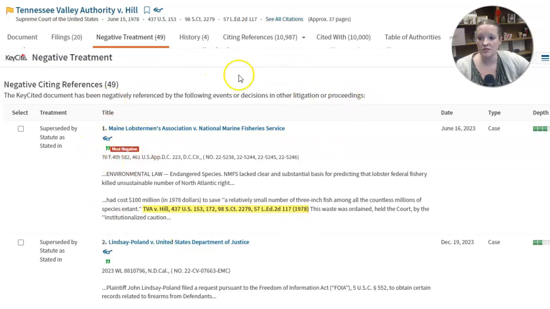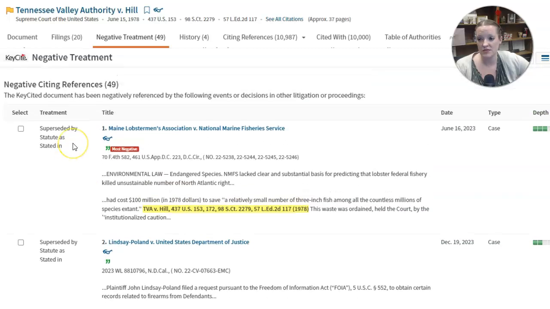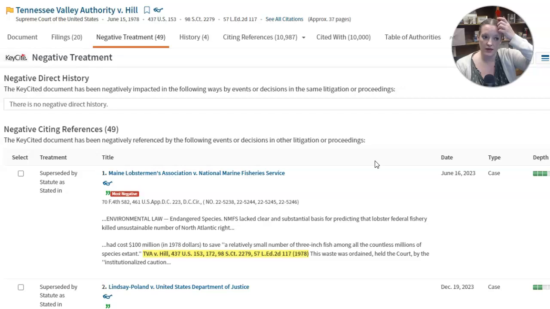So of all of these citing cases that have negatively referenced our case, Tennessee Valley Authority, in some way, our Westlaw attorney editors have determined that this Maine Lobstermen's Association is the most significant, right? And we'll look at that on Lexis as well.